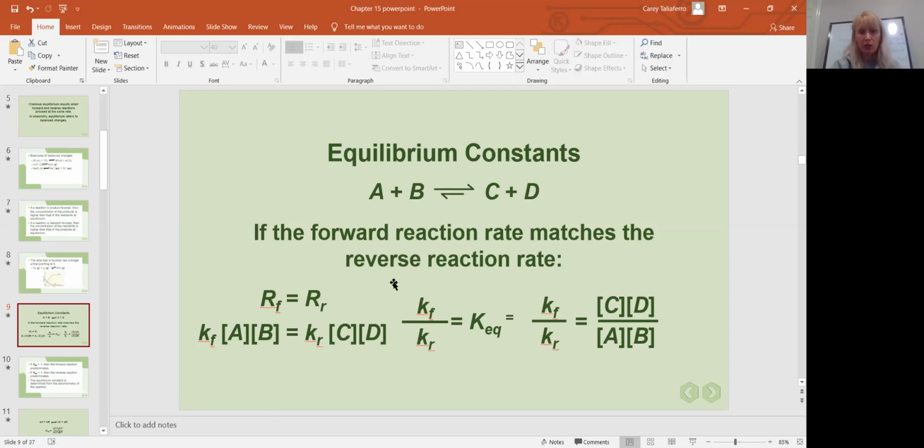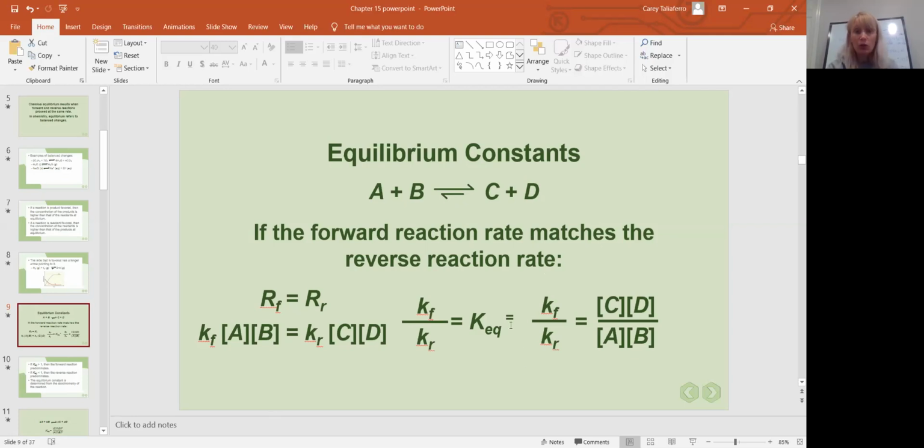And we look at these equilibrium constants based on the reactants and the products that the reaction deals with. So if the forward reaction rate is the same as the reverse reaction rate, that means we are at equilibrium. And the constant is going to be called Keq, or just a K.